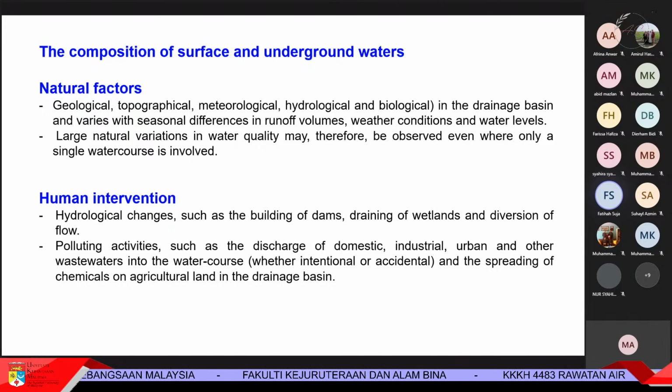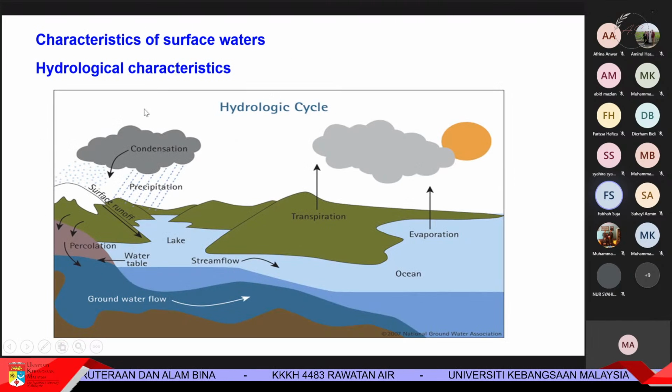Okay. And when you talk about the characteristics of surface waters or underground waters, you must be able to relate them to the hydrological characteristics, the hydrologic cycle, because they are all interconnected. The continental water bodies, like the flowing water, the lakes, the reservoirs and groundwaters, are all interconnected by the hydrologic cycle.